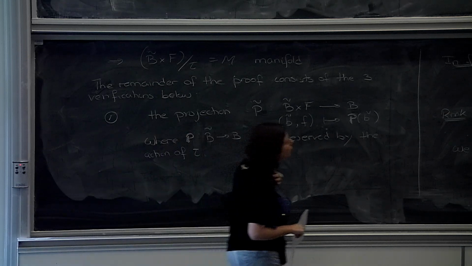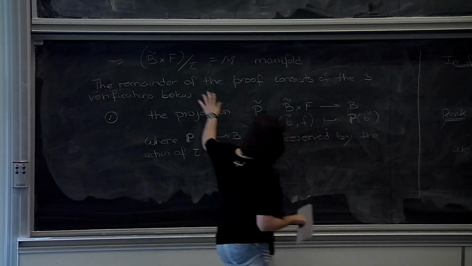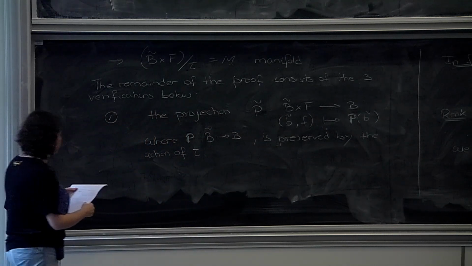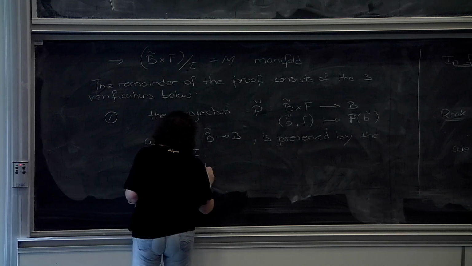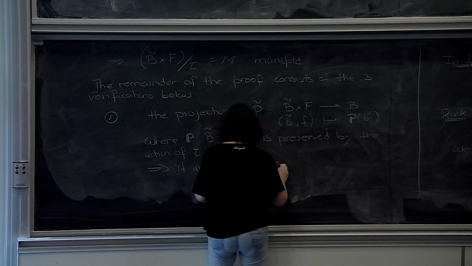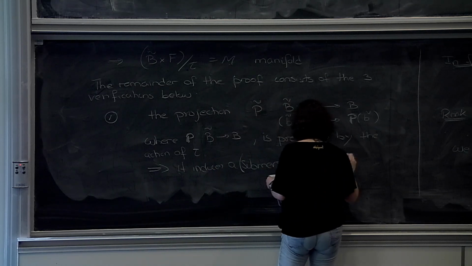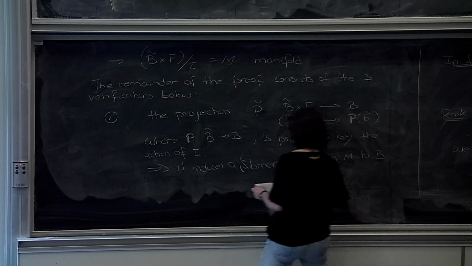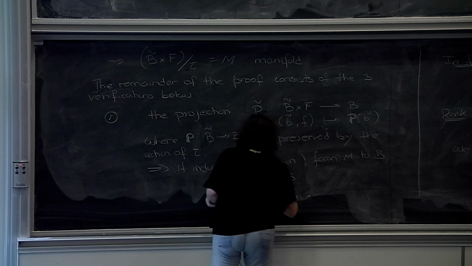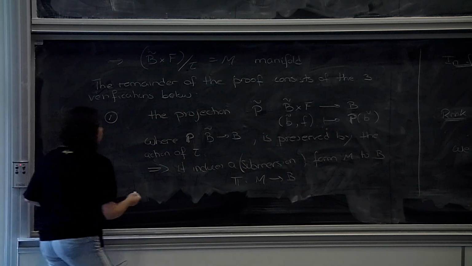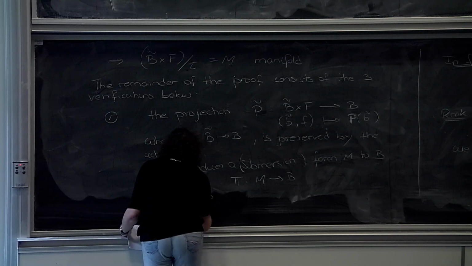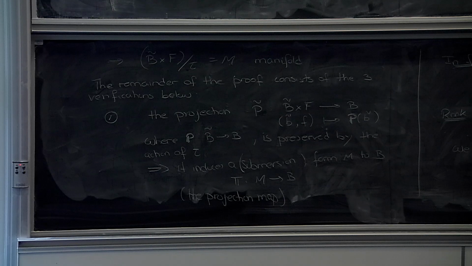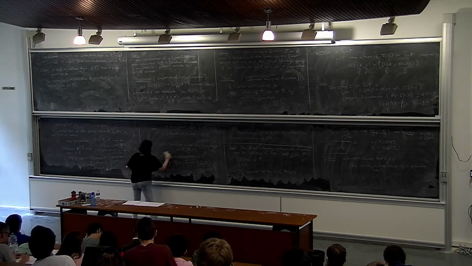So this means that if we have two elements that are related through tau, they project to exactly the same element. So in fact, it induces a submersion on M from M to B. That is our projection map of the fiber bundle. Okay, so this is one of the things that needs to be checked.